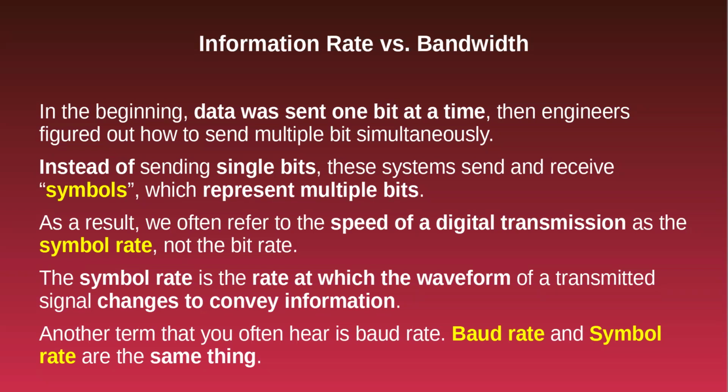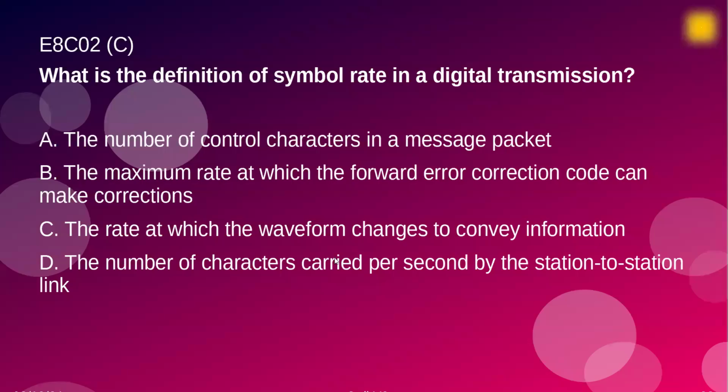And baud came from one of the early encoding things called Baudot, by some French guy. And instead of bit rate, we use symbol rate because usually multiple bits are represented by a symbol. So what is the definition of symbol rate in a digital transmission?